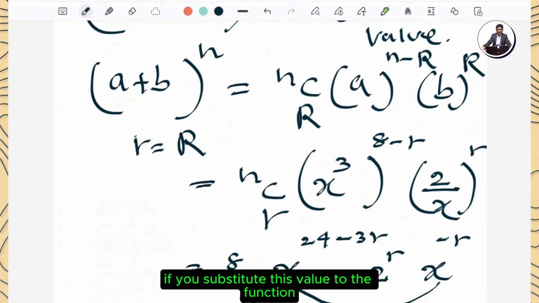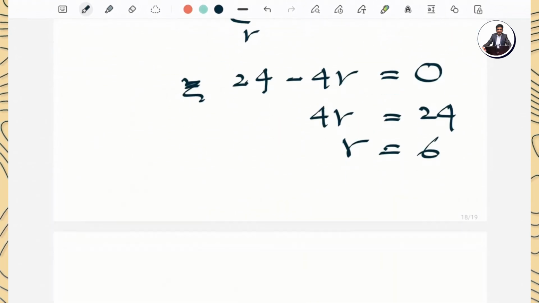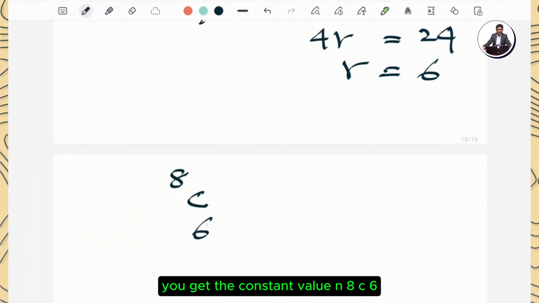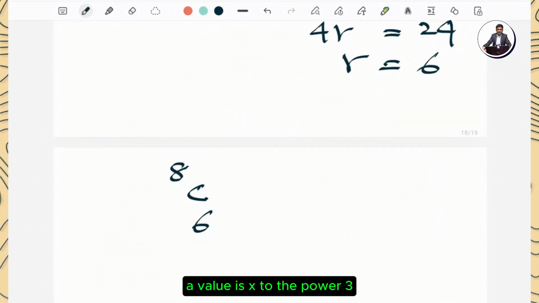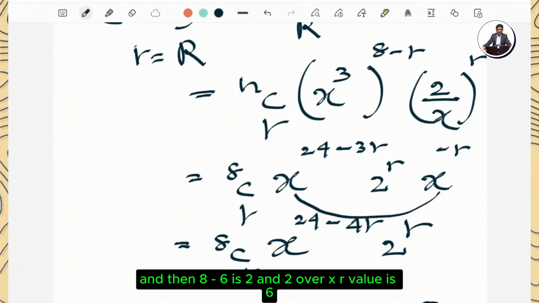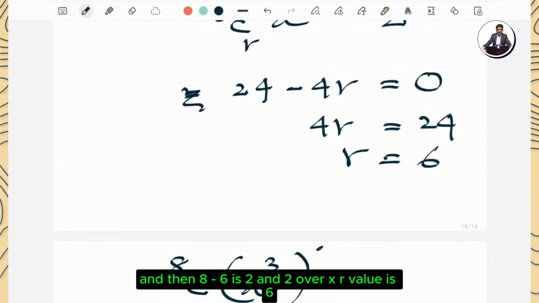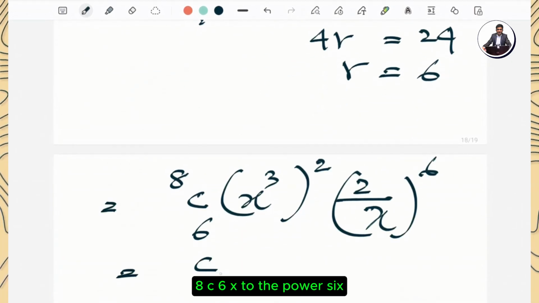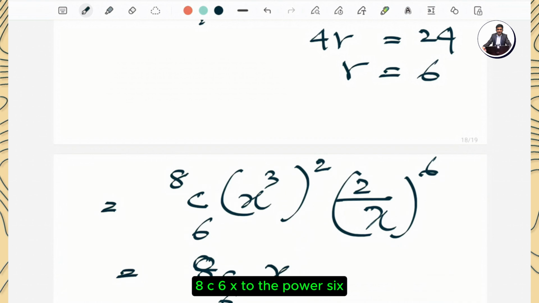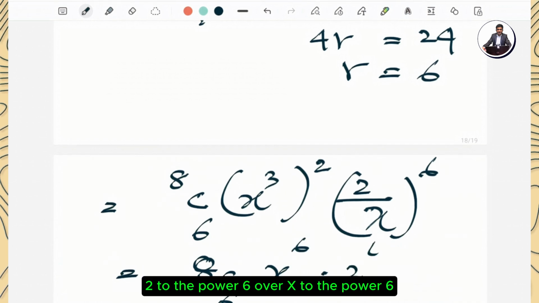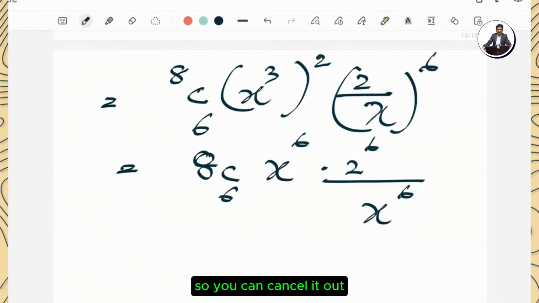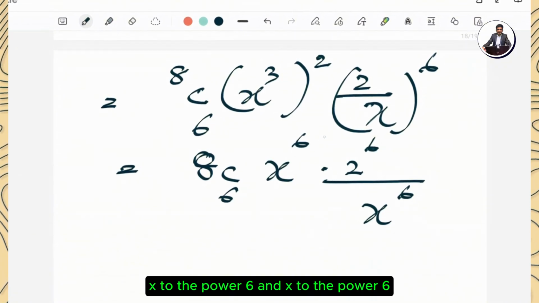If you substitute this value into the function, you get the constant value. 8C6, the a value is x^3 to the power 8 minus 6, which is 2, and (2/x) to the power 6. So 8C6, x^6, 2^6 over x^6. You can cancel x^6 and x^6.